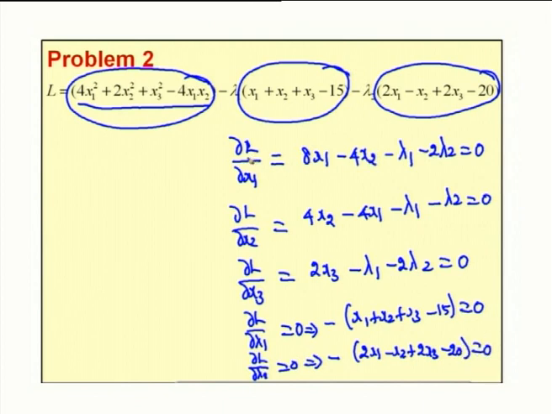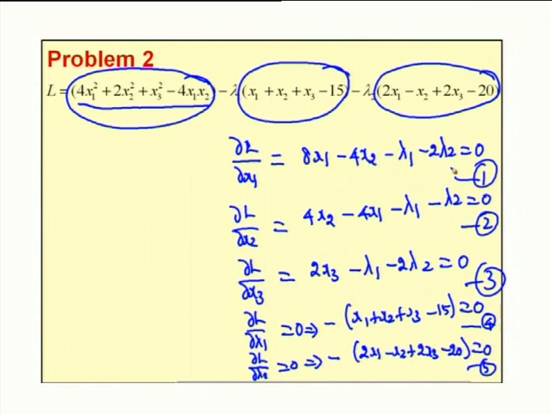So, the necessary condition dou L by dou xi, i equal to 1 to 3, gives us the first three equations, equation 1, equation 2 and equation 3. The next condition, dou L by dou lambda j, j equal to 1 to 2, gives us the fourth and fifth equations. Now, we have 5 simultaneous equations in hand, in which x1, x2, x3, lambda 1, lambda 2 are the unknowns. By solving these simultaneous equations, as we discussed earlier, we can get the solution.